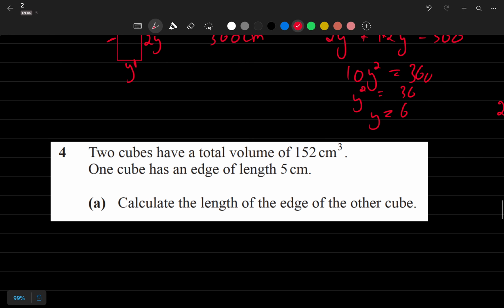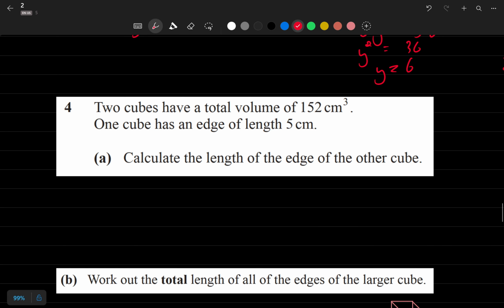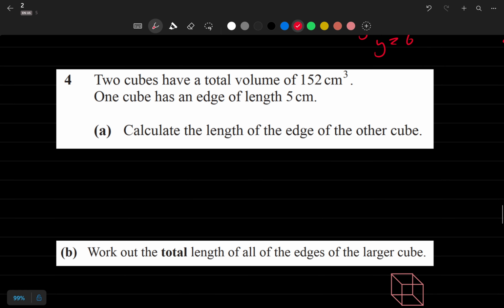Moving on, two cubes have a total volume of 152 centimeter cube. One cube has an edge of length 5 centimeter. Calculate the length of edge of the other cube. So for the case of a cube and volume, the formula for the volume of a cube is equal to length cube. The length is given as 5 centimeter for one cube, so 5 cube is equal to 125. And we know that this is the sum of two volumes of cubes.